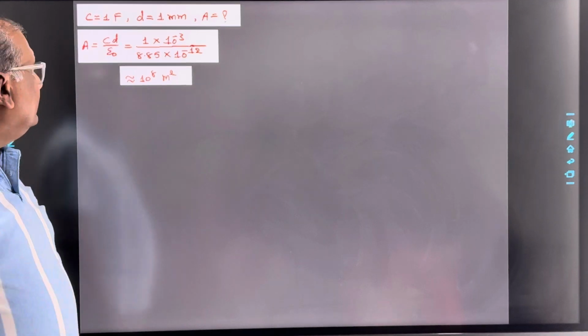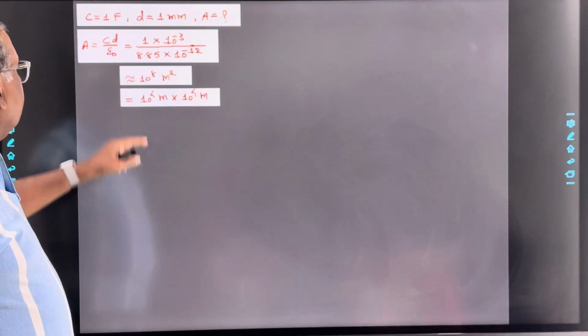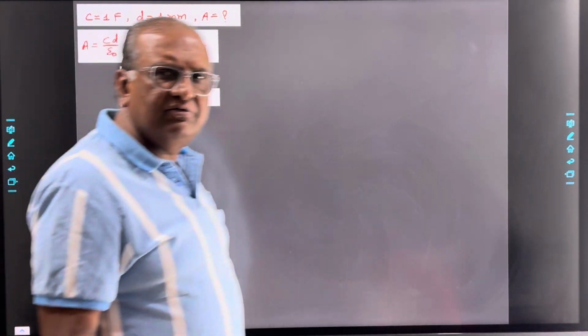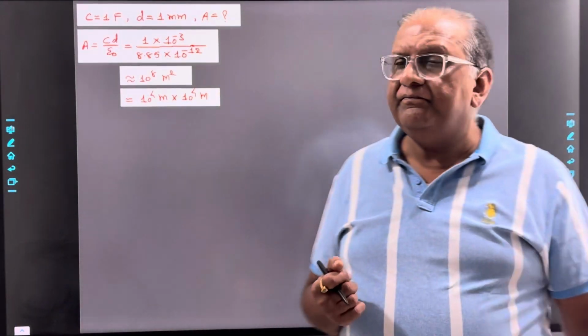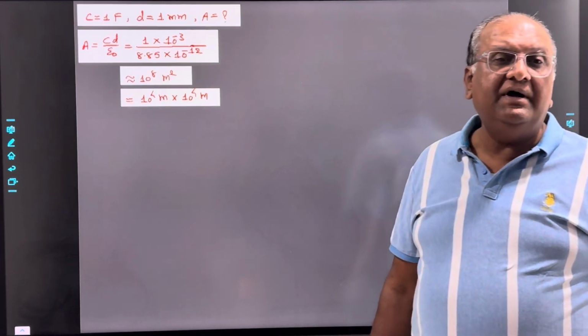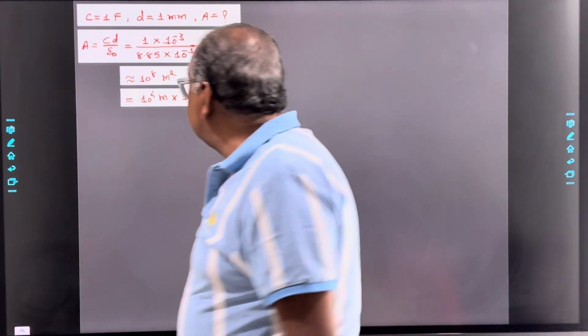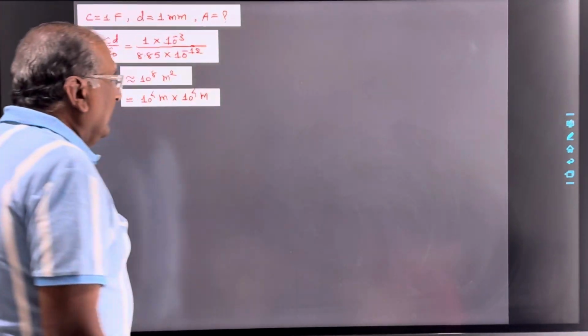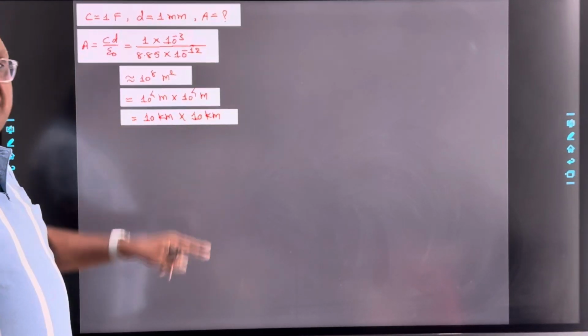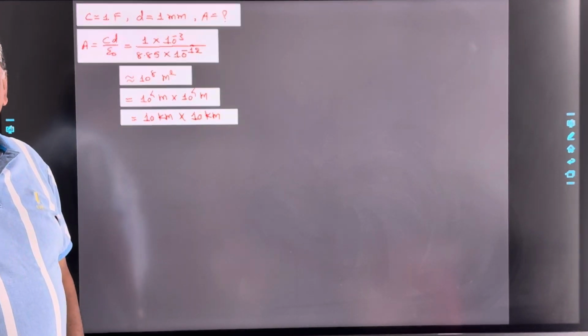So we can write this as 10 raised to 4 meter into 10 raised to 4 meter. Suppose we think about a square plate. The length and breadth of the plate will be 10 raised to 4 meter by 10 raised to 4 meter, meaning 10 kilometer by 10 kilometer.